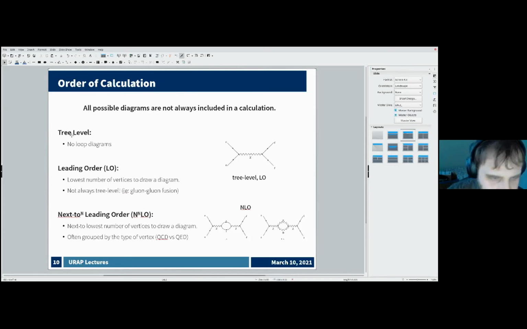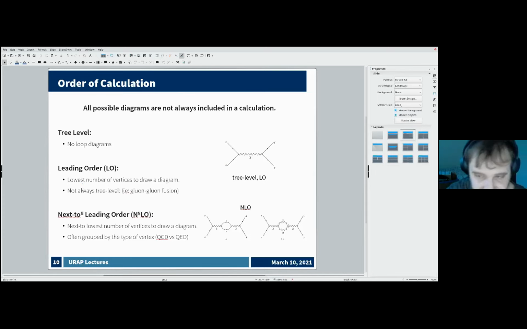So some names are tree level. This is just a diagram which does not contain any loops, and again, this is quite easy to calculate. Then you also have something called a leading order diagram. This is the lowest number of vertices that is required to draw a diagram.